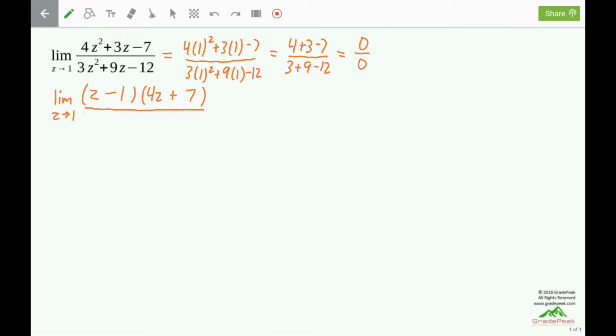In the denominator we have also a trinomial quadratic. Nicely, since it's 3z squared, that definitely factors to a 3 and a 1, so I know I have a 3z and a z. And now we have the 12 to deal with. Now 12 has numerous divisors. It can be a 12 and a 1, so we can always try a 12 here and a 1 here. That's a 36, and then a 1z, and that's not going to work out.